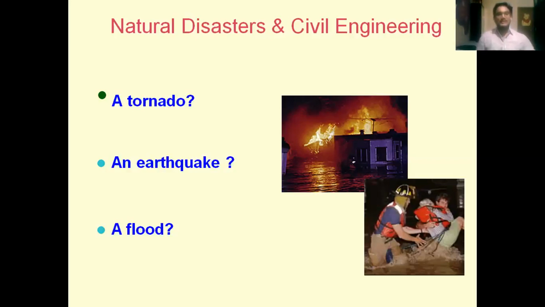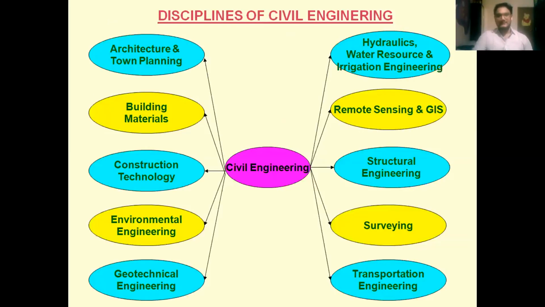By constructing earthquake-resisting houses, right? By constructing dams and reservoirs to safeguard against flood water, isn't it? And structures that can withstand huge tornadoes. So that is how civil engineering is fighting against natural disasters.